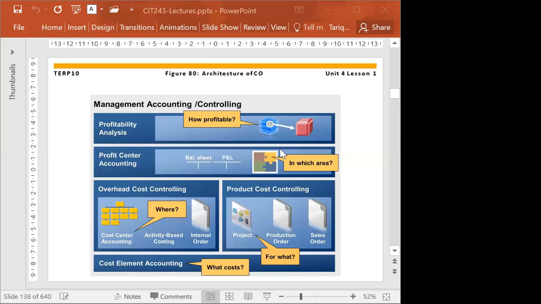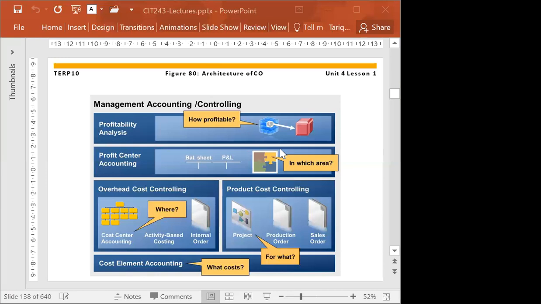One of them is the vendors' invoices, or you can say account payables. Whenever we create the invoice for any vendor, that transaction gets stored into finance, and then from there it automatically gets transferred to the controlling as well. So vendor invoice is another source of data for this controlling.